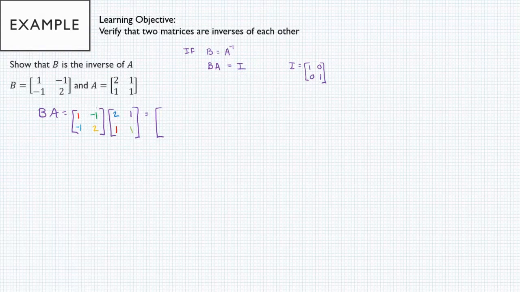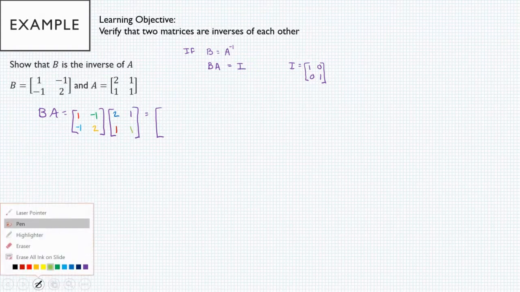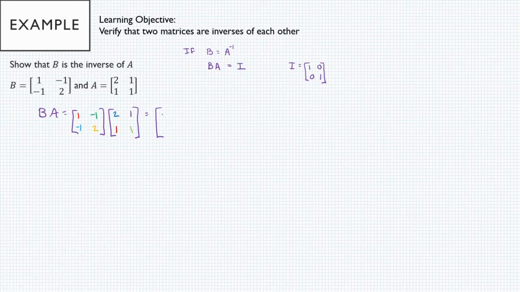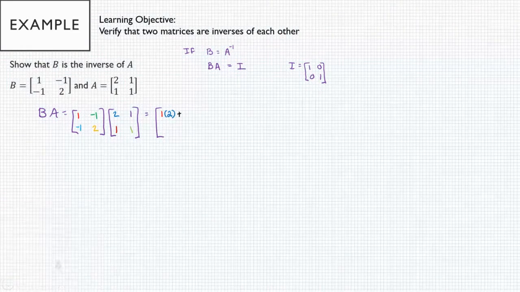So it's the first row times the first column. I'm taking the red 1, and I'm multiplying it by the dark blue 2. And then you're adding, and then you're continuing on. So in that first row of B, I have a -1.